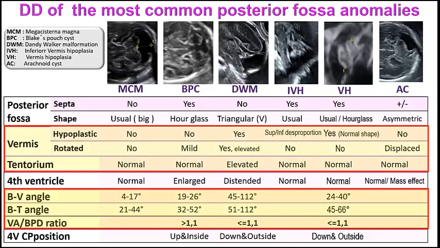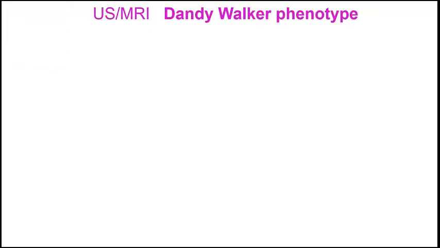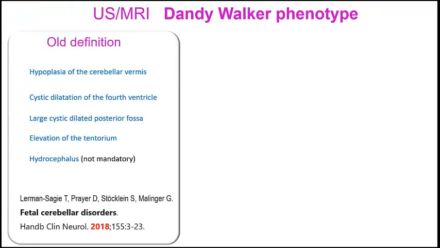At this point, I would like to remind you that last year a new definition was proposed for the Dandy-Walker malformation in which the elevation of the tentorium is no longer a mandatory requisite. As you already know, these are the old requisites for the diagnosis of Dandy-Walker malformation.